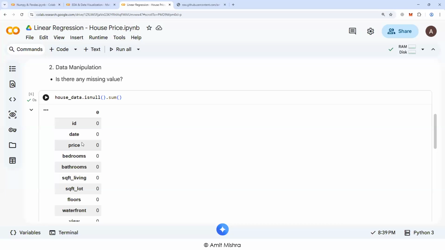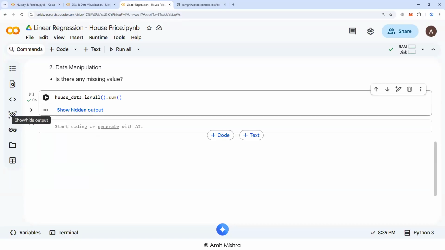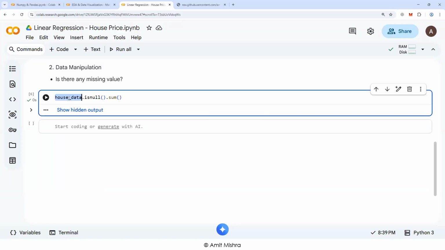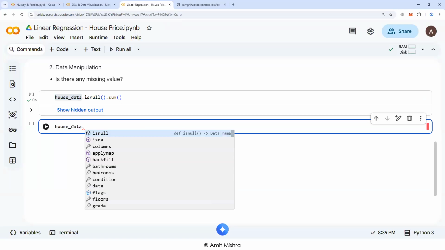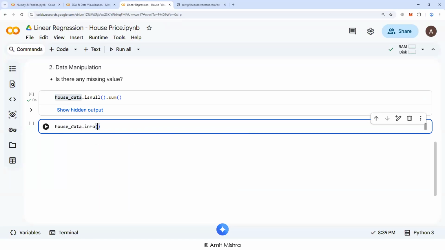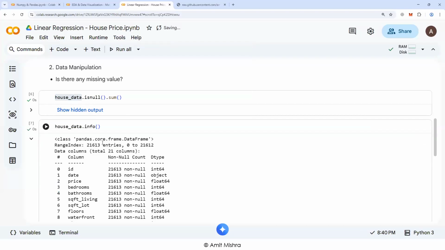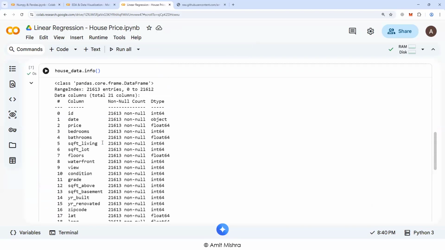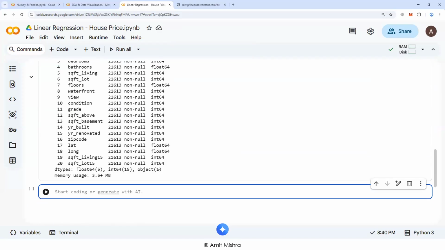To know if there is any missing data present in the data set or not, you should first test through this definitely. But apart from this, you should also check with the info function. We have house data dot info, and it will return the columns, stating that the majority of them are numerical data.